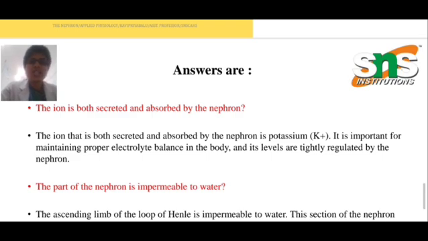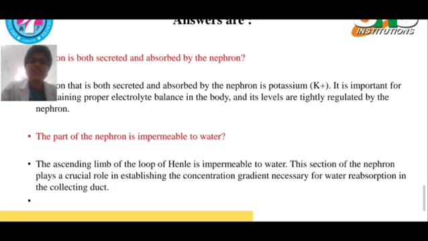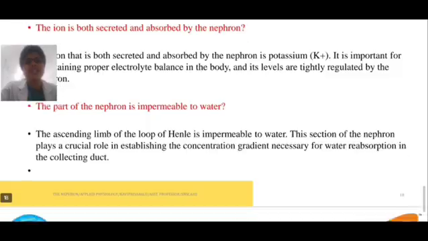It is important for maintaining proper electrolyte balance in the body, and its level is tightly regulated by the nephron. The part of the nephron impermeable to water is the ascending limb of the loop of Henle, and this section plays a crucial role in establishing the concentration gradient necessary for water reabsorption in the collecting duct.